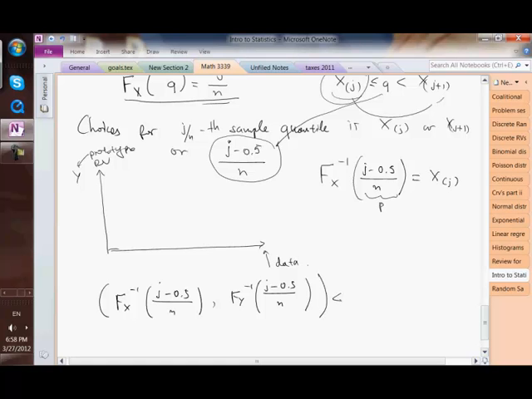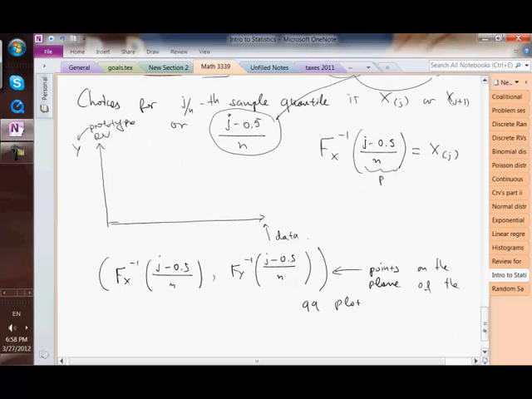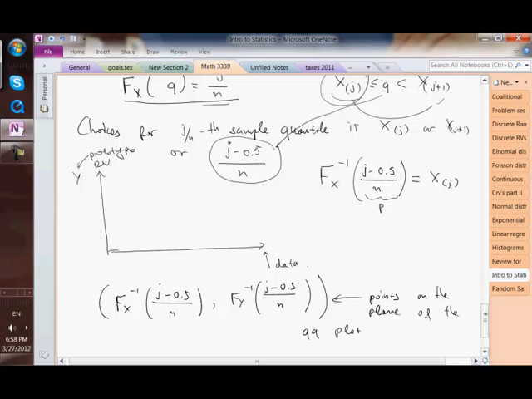So these are the points on the plane of the QQ plot. And that will be a curve. Actually, it will be a set of points, a cluster of points. So it will look like a scatter plot, precisely.